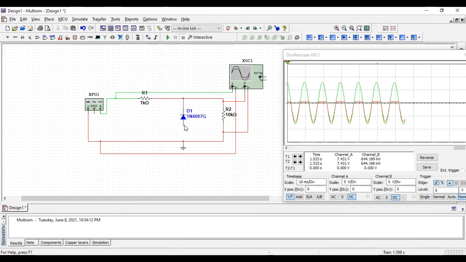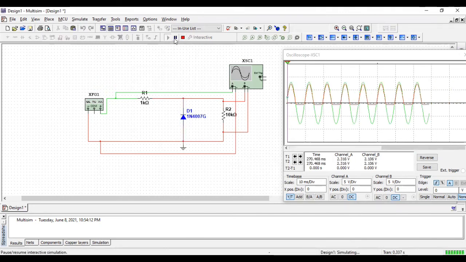And now I will connect it again. So as you can see, this negative cycle has been clipped because we have reversed the direction of the diode.